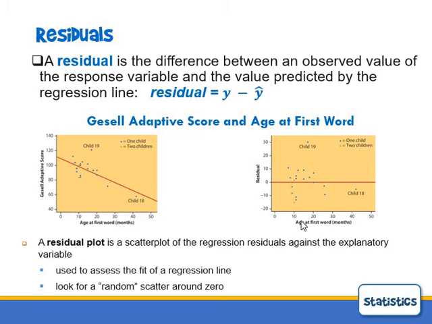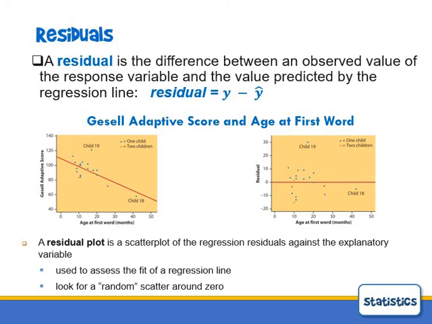But what you're doing is you're plotting your x value versus the residual instead of versus the predicted y values, or versus the actual y values. So it's really kind of the same picture, just making the line horizontal so that you can look and really quickly see the distances above and below that line to see how big the residuals are.